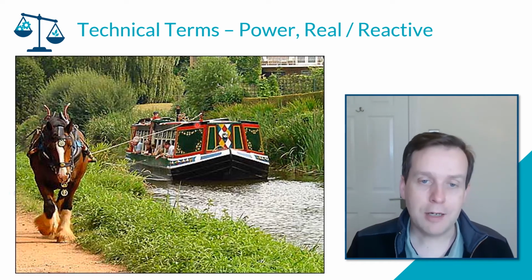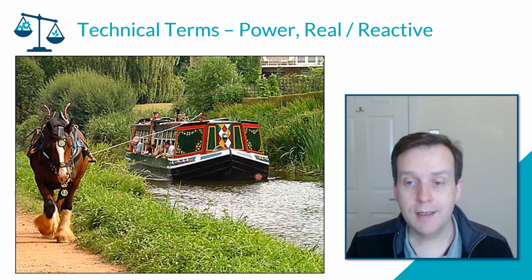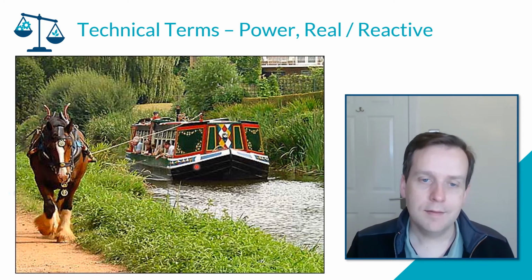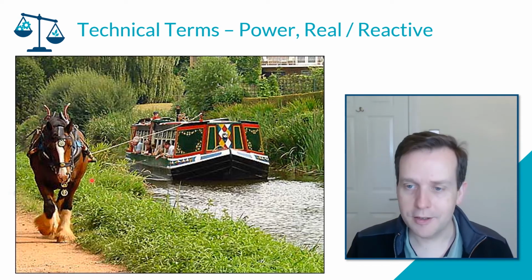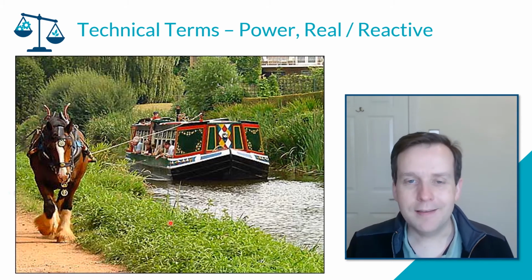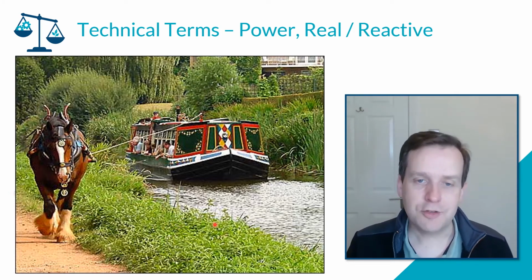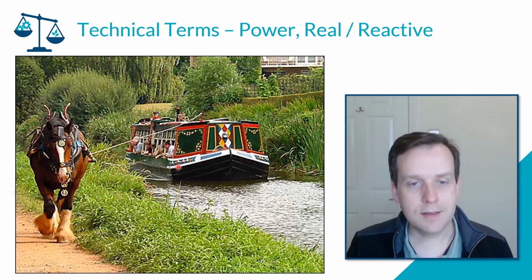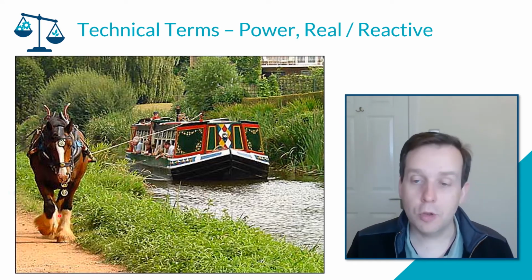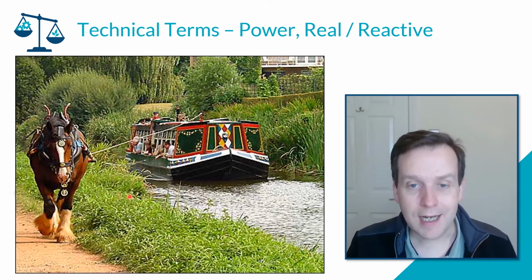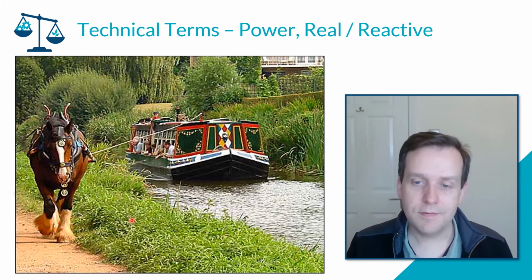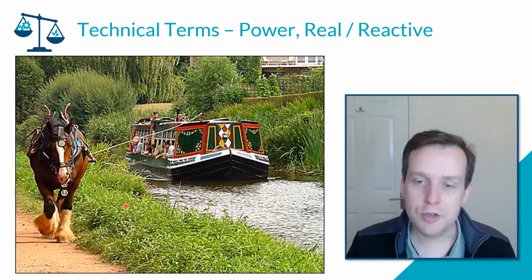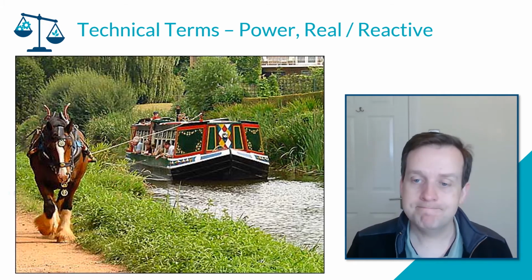His apparent power is the speed of the barge, and his reactive power is the perpendicular to the barge. So the idea being that in electrical systems, we need to consider the angle between the work being done and the amount of work required to deliver it. Because unfortunately that is something that is charged to certainly high user businesses as a penalty.